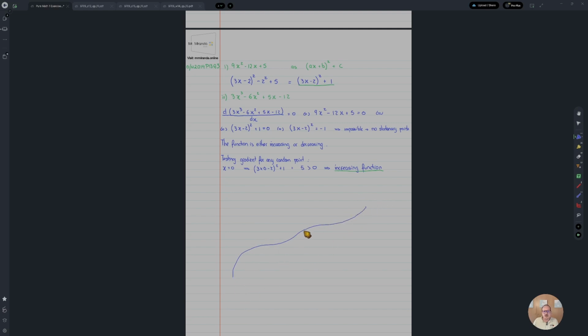Actually, you have no stationary points, so you wouldn't even have that. Never mind this bit. There's a reason why I didn't write it in the first place. It really doesn't matter the shape. You just need to know that it is always an increasing function because you have no stationary points, and the gradient at any point is a positive gradient.